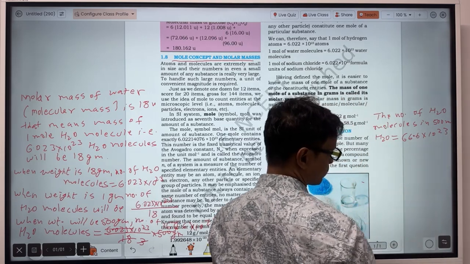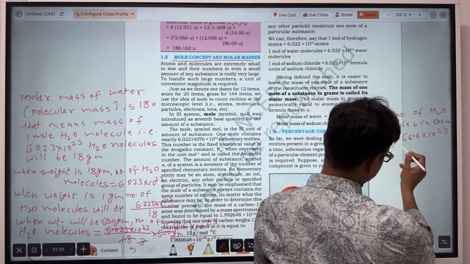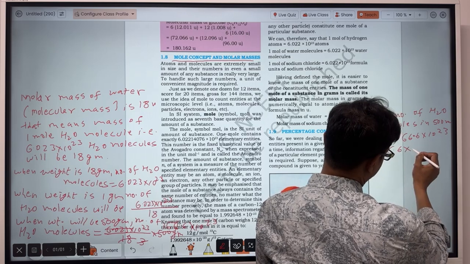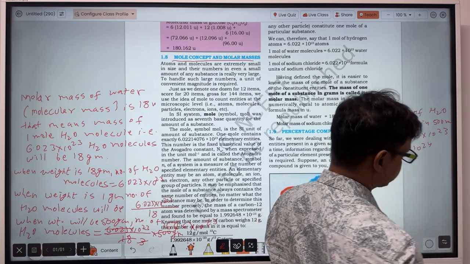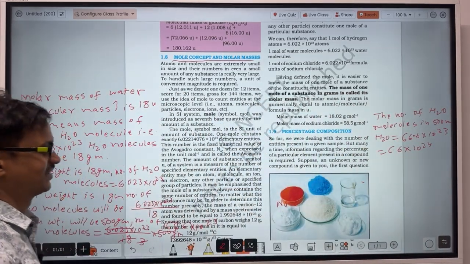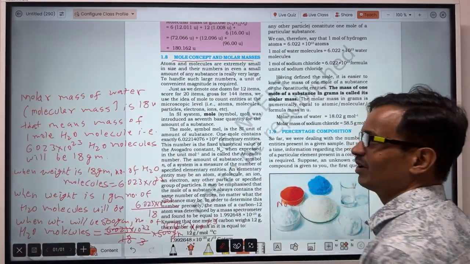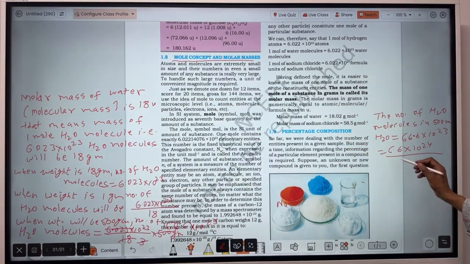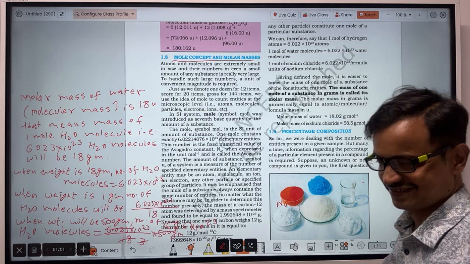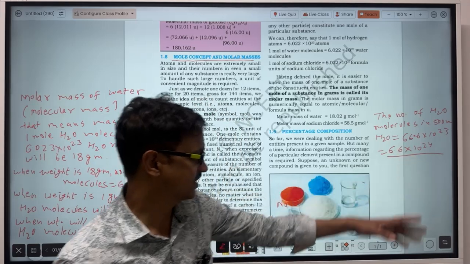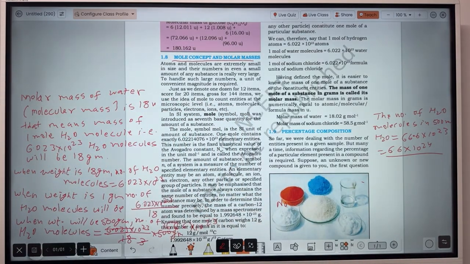So the point will go this side, so that will be 1.66 into 10 power 25. So in a single instant, a normal person consumes that many water molecules. That is it, okay guys.